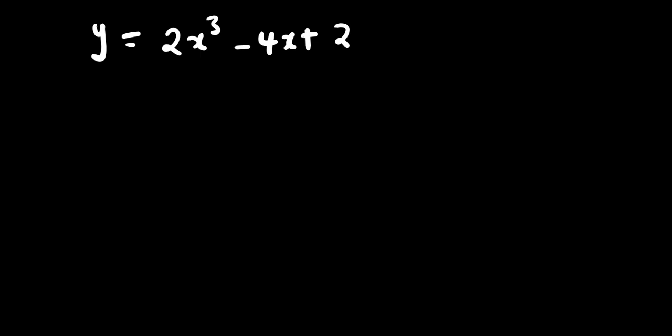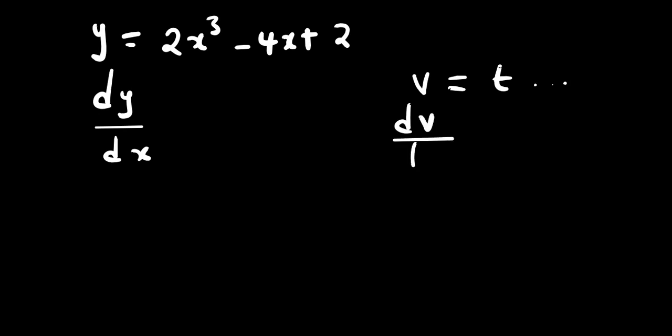You're going to write dy/dx, or you're going to write dy with respect to the letter that you are given. What do I mean? If I've got v is equal to t something, I'm going to say dv over dt. So you're writing your letter with respect to what you're given in the equation. That's what you're going to do.